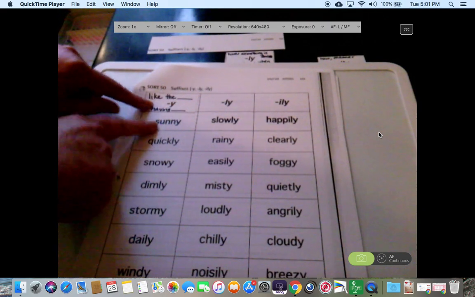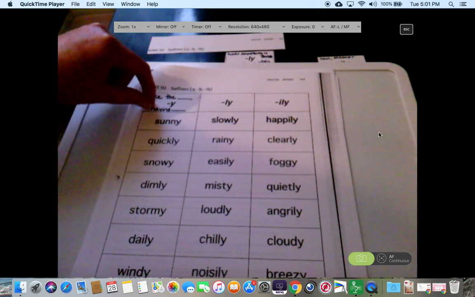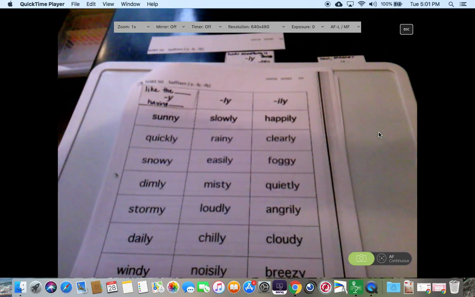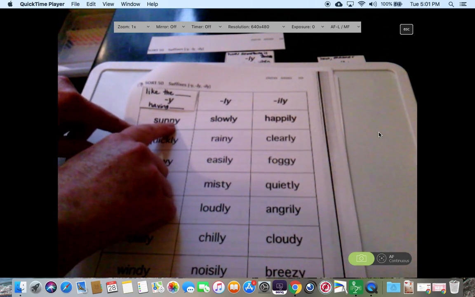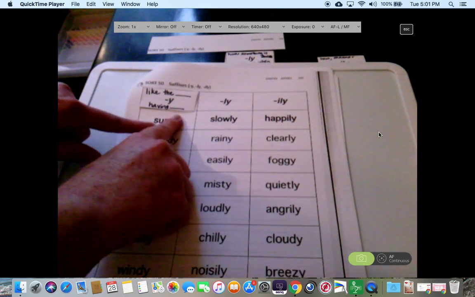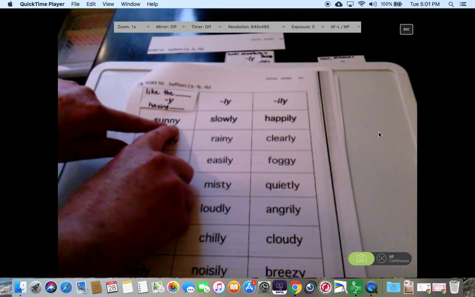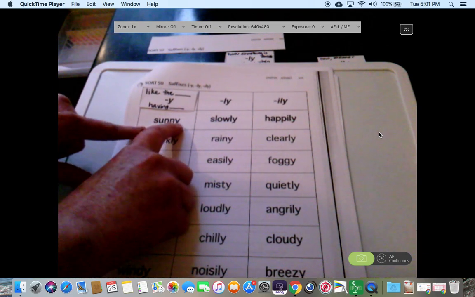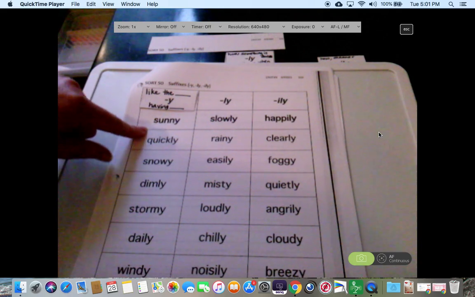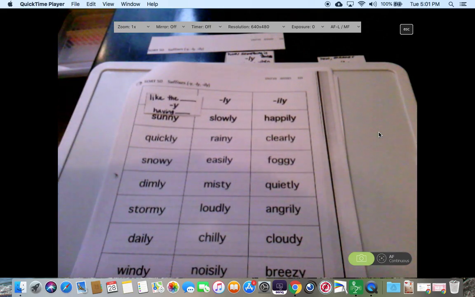So when the word just ends with Y, it actually takes what is a noun, sun, it's a thing, and when you add the Y to it, and notice here, because it was a short vowel sound pattern, sun, CVC, we added another N and a Y, it changes it to what we call an adjective or a describing word. So we could say that it was a sunny day, meaning it had a lot of sun, or it was like the sun.